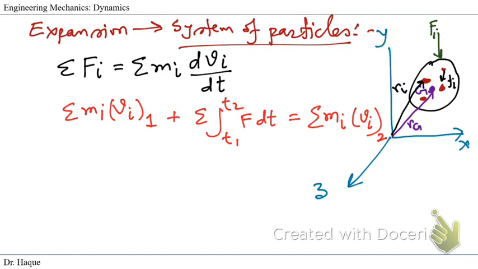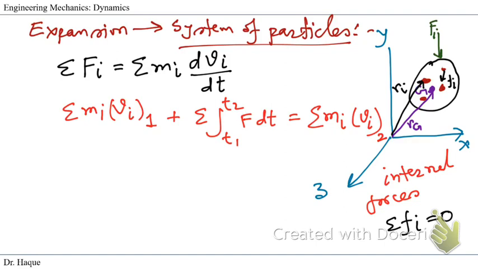We know that inside a body, all the particles exert the same amount of force on each other, so the internal forces cancel out. Meaning the summation of all internal forces f_i would be 0. So we don't have to consider that.